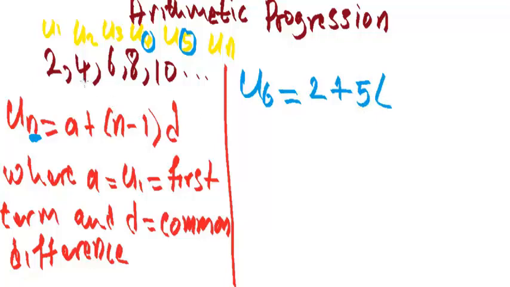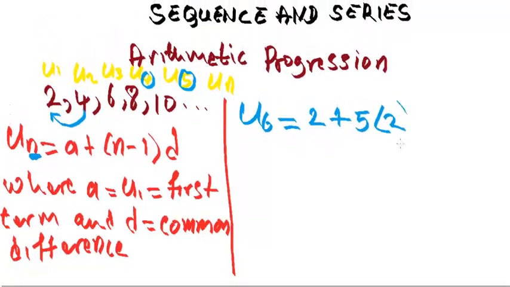So we can take U2 minus U1, and if we take U2 minus U1, we are going to get 2. So we write here 2. You can also take U3 minus U2, that will be 6 minus 4, and you are getting 2, or 8 minus 6, or 10 minus 8. In either case, you are getting 2. So you see that here we are coming out with 2, then 5 times 2 is 10, and finally we are coming out with 12.